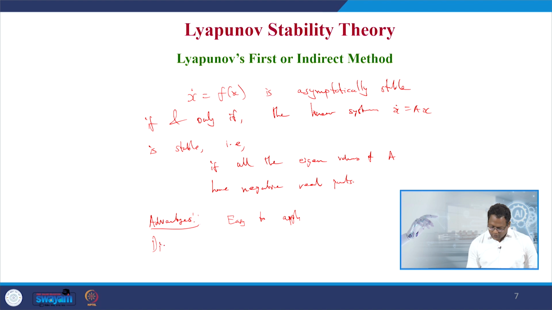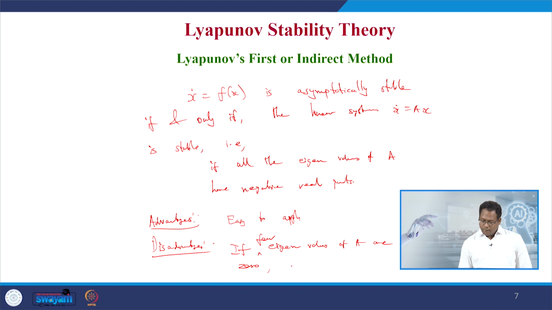So, disadvantages: if in case some of the eigenvalues of matrix A are 0, then a concluding remark on the stability of a system is difficult.